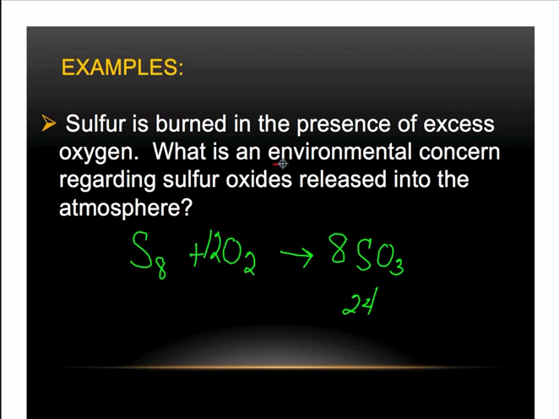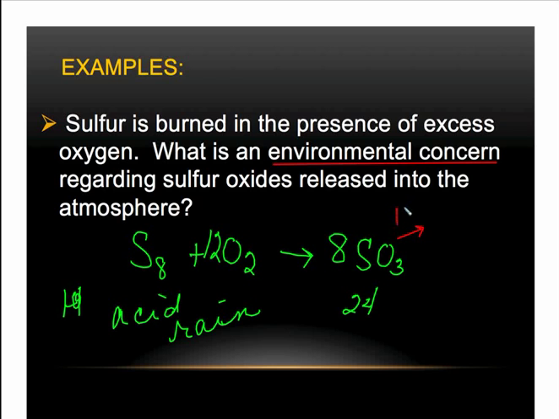Now, this asks about an environmental concern, and you would think we could think about global warming, and that certainly is a possibility, but more often than not, when I see an environmental concern on an AP question, I have seen acid rain as the answer. And in this case, we will be learning.